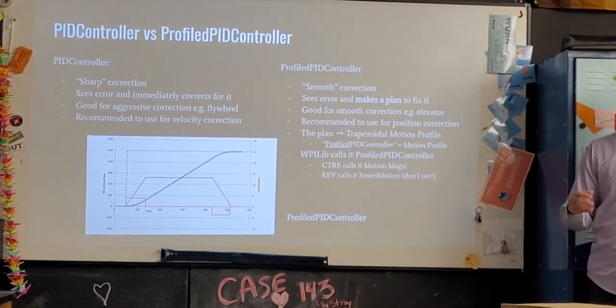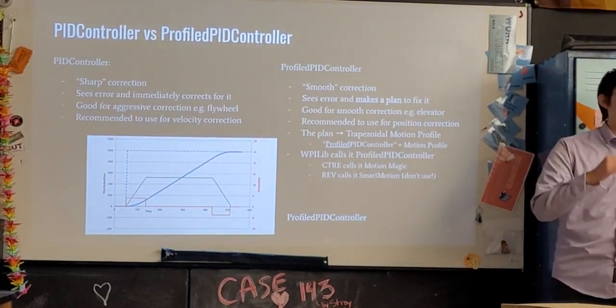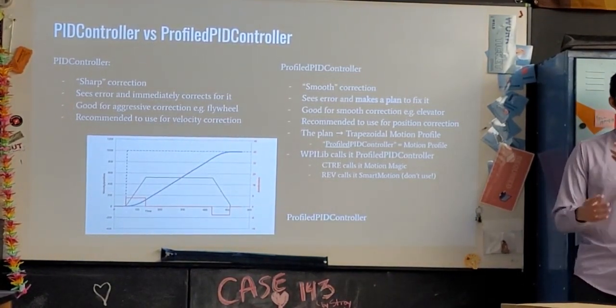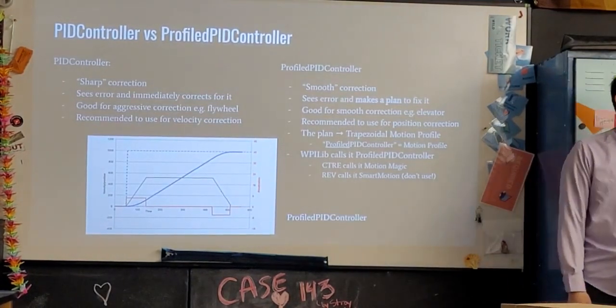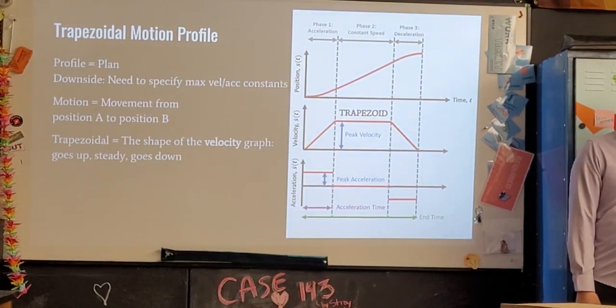I want to limit the velocity to 2 meters per second. And it doesn't accelerate that fast either, so I want to limit it to 1 meter per second squared. Those are two other variables that you have to supply to the profiled PID controller. So we would pick those two for the robot, because we don't want to twist it any harder than this or move something any faster than that.